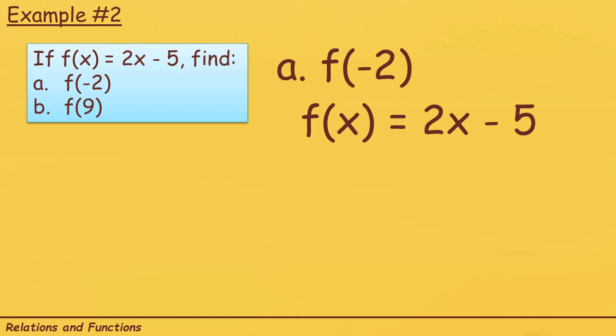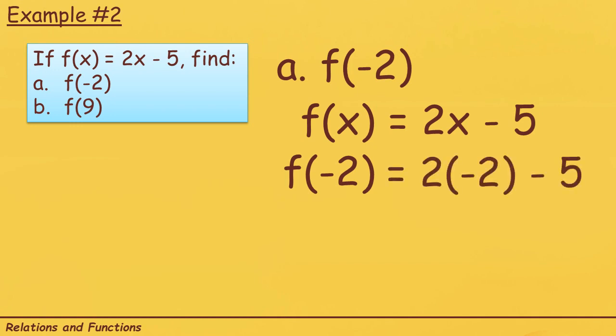Ibig sabihin nito, ang x natin is negative 2. So lahat ng x ay papalitan ng negative 2. We will just substitute it to the given function. Magiging f of negative 2 is equal to 2 times negative 2 minus 5. After substituting the value of x in the given function, we will just simplify it.